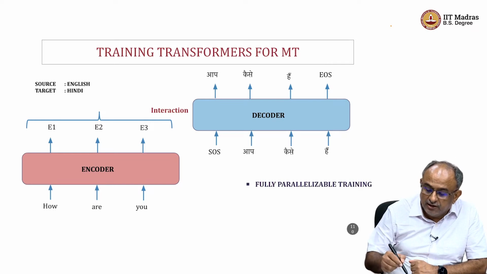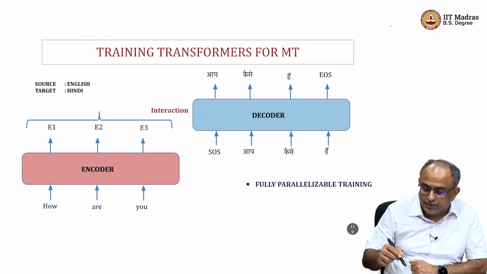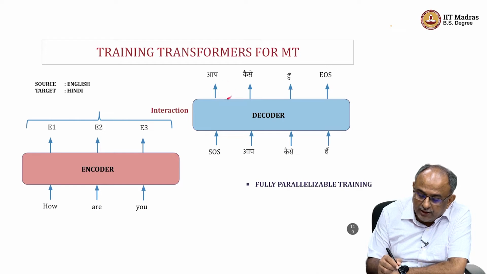Okay. And in the decoder, the issue is that we are going to generate the Hindi sentence, right. So, there is a connection between the two, the attention I am not showing here. Okay. But when I am decoding Hindi, first I will start with the start of sentence, then I will generate aap, then aap will be fed, then kaise will be generated, kaise will be fed and hai will be generated. So, this is sequential.